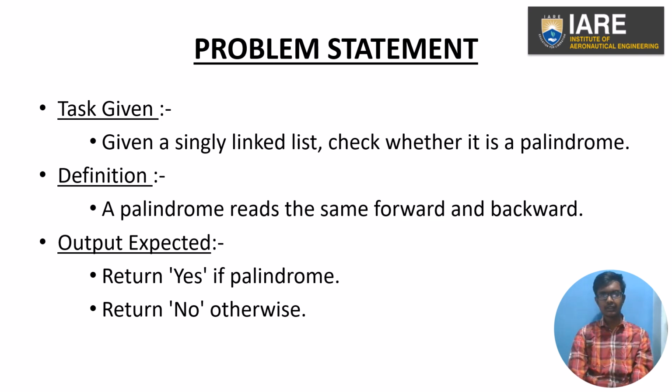And after the end of the solution of this problem, the output which is expected from me is that the program should return yes if the phrase or the list is a palindrome, and it should return no if it is not a palindrome. So this is the scenario of the problem statement of the topic of palindrome linked list, the complex engineering problem given to me.